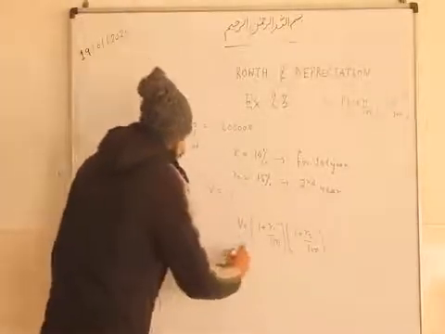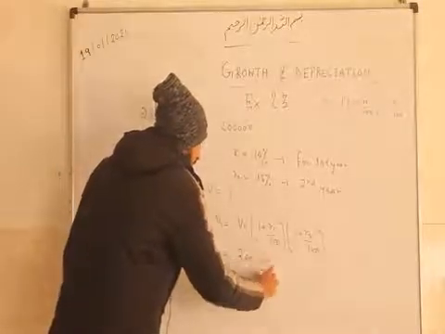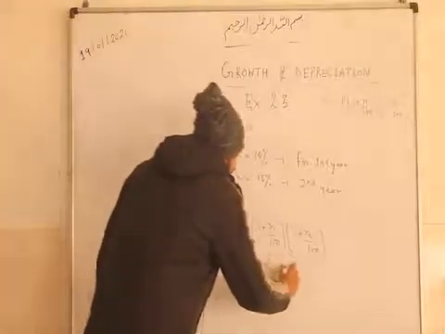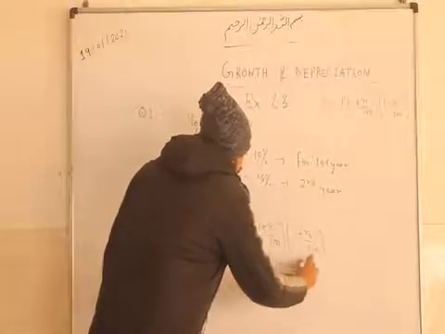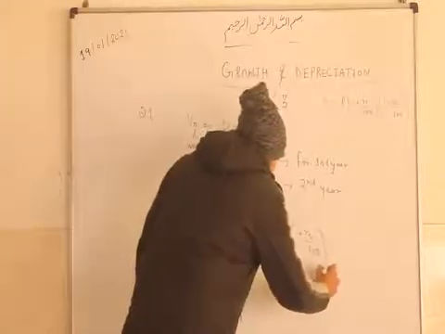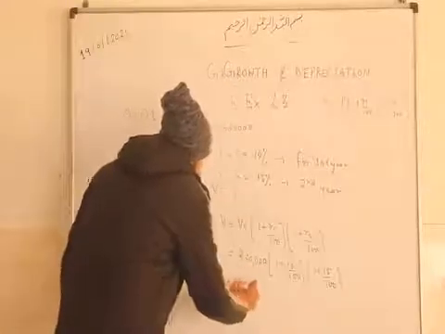V naught is 2 lakh. So 1 plus 10 by 100, and this is 1 plus 15 by 100, and now we only have to solve this.